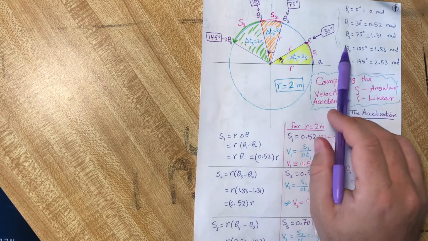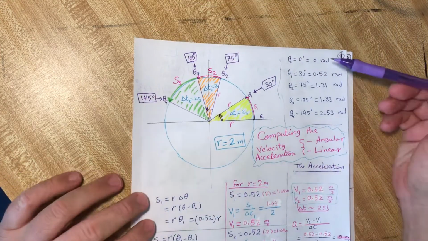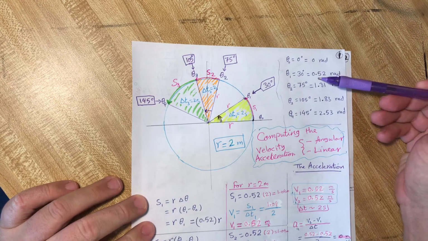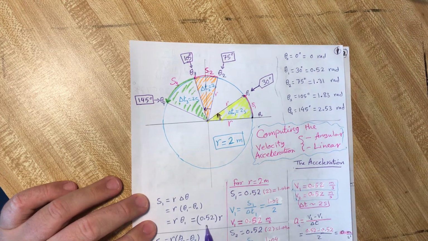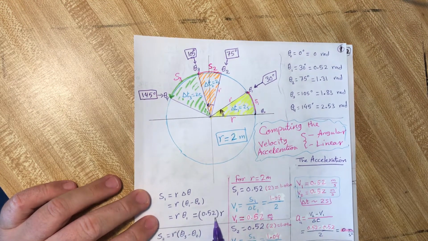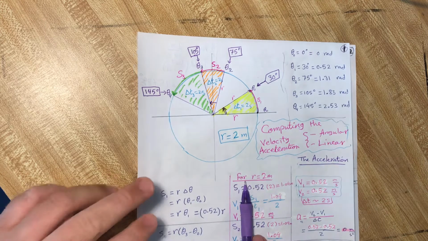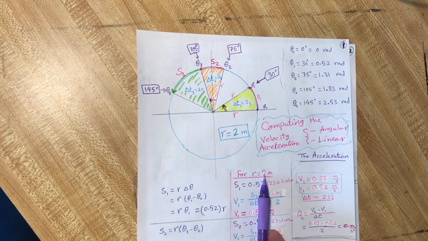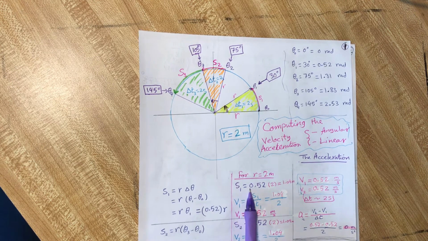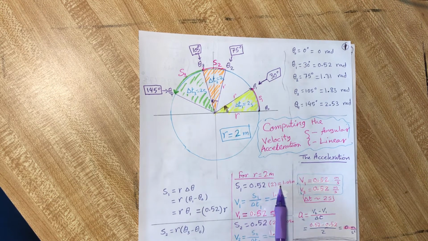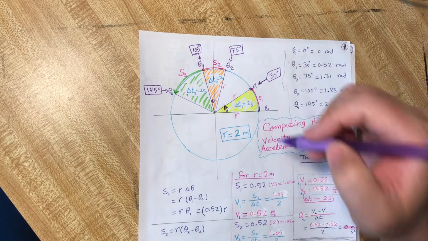Theta 0 is 0, theta 1 is 0.52 in radians. The difference between them is 0.52. So for r equal to 2 meters, S1 is equal to 0.52 multiplied by 2, which is 1.04 meters. This is the first length, S1.